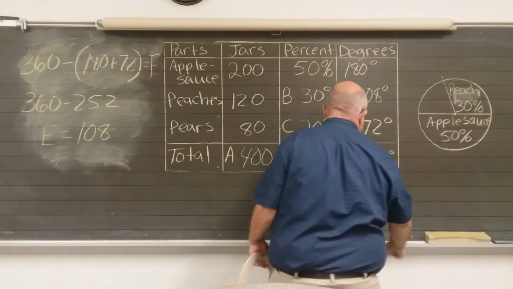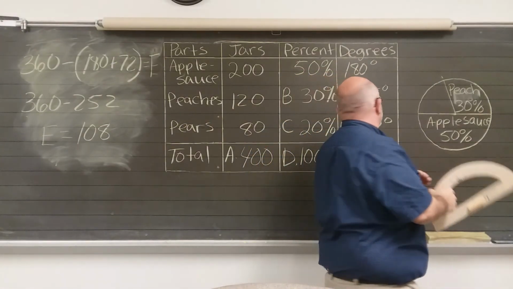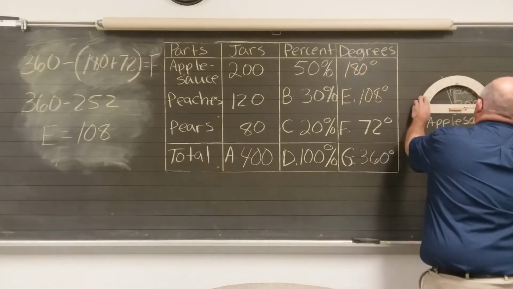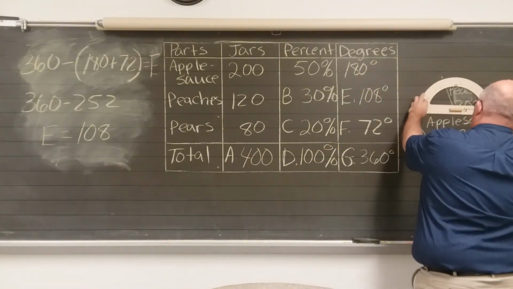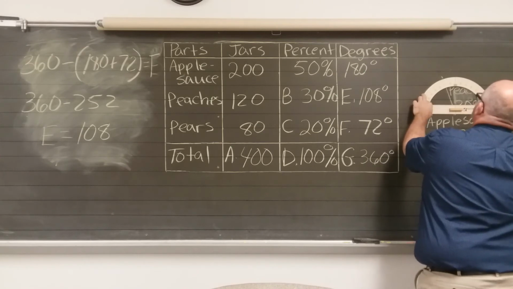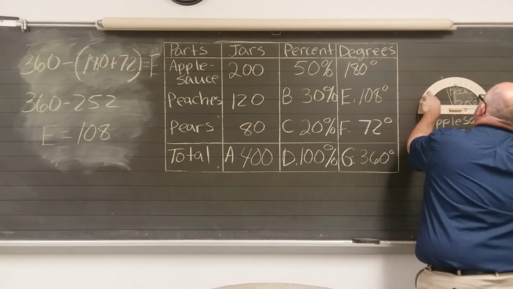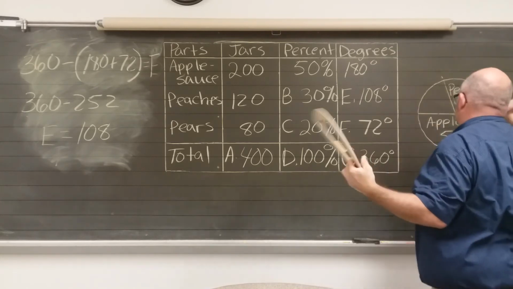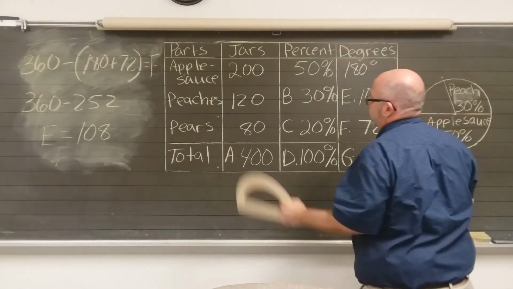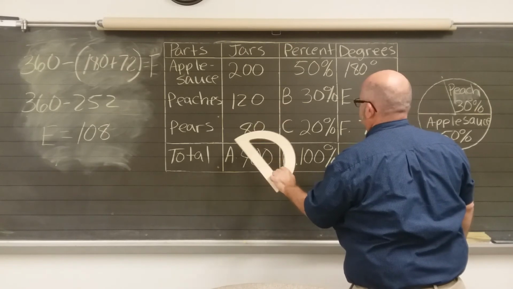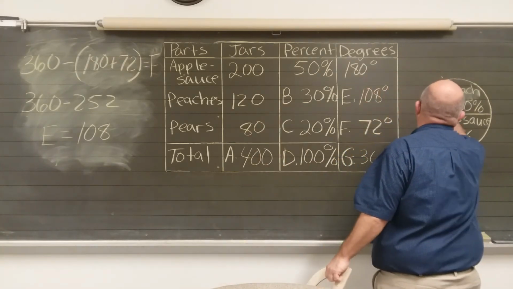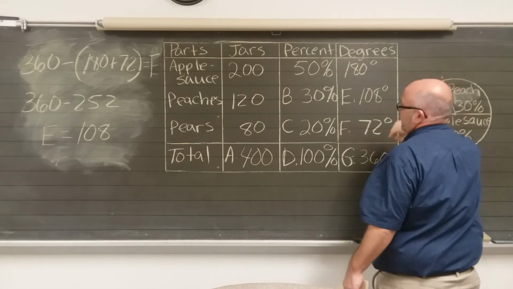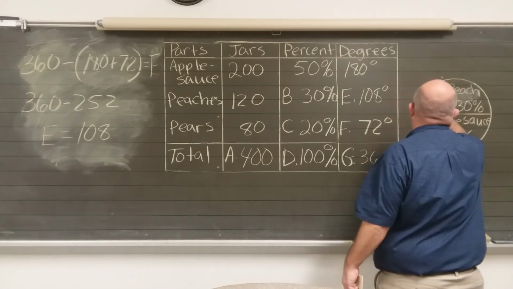Which will leave you with a 72-degree angle. If you did the others right, and you put that on there, right here, 72-degree angle, you automatically have that. 72 represents 20%. And that is your pear.